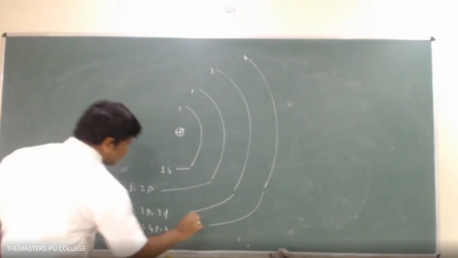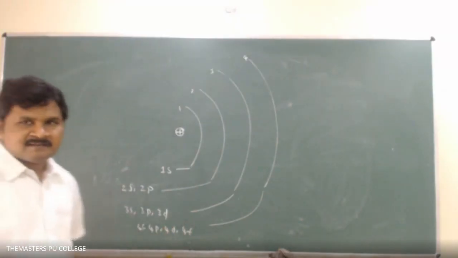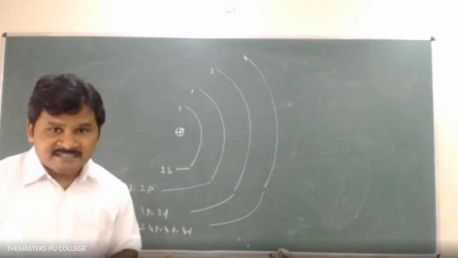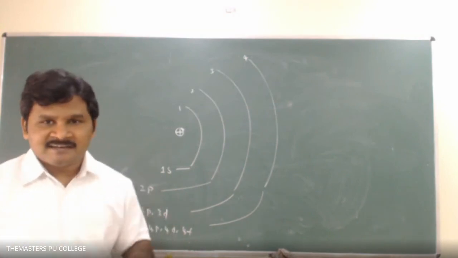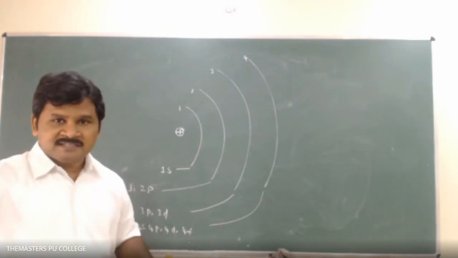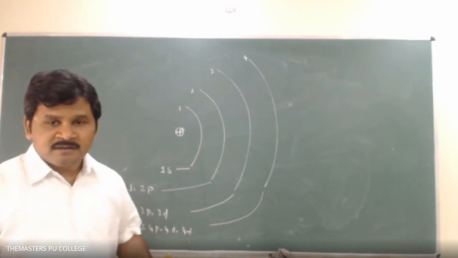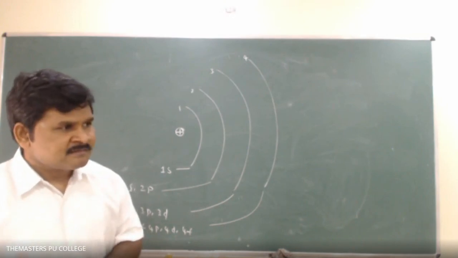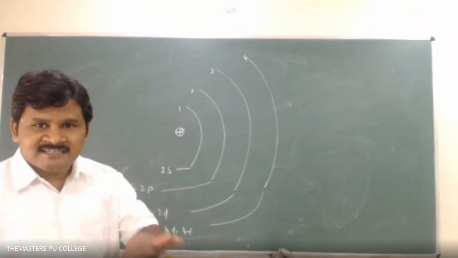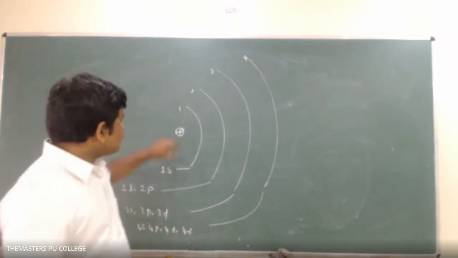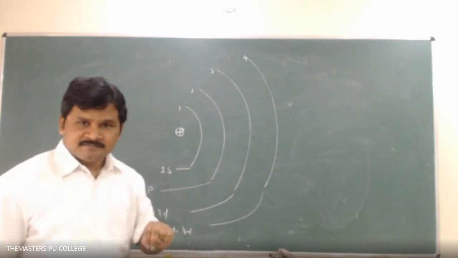Here, 3 important formulas I will say. Number of subshells in a given shell is equal to n. Tomorrow I will explain the formulas; you just remember now. For example, take the second shell.